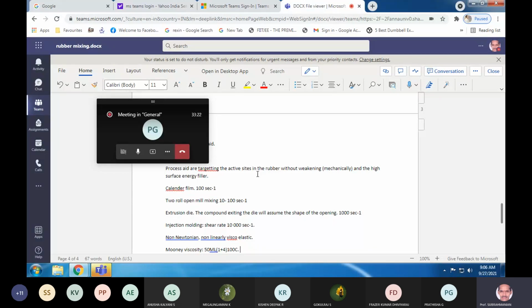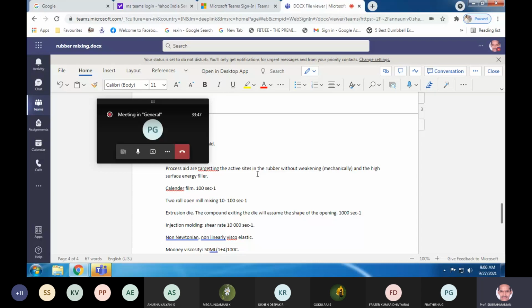In case of the nitrile rubber, we said 34 ACN. That describes the acrylonitrile content, high medium, 34. So that is about the functionality.